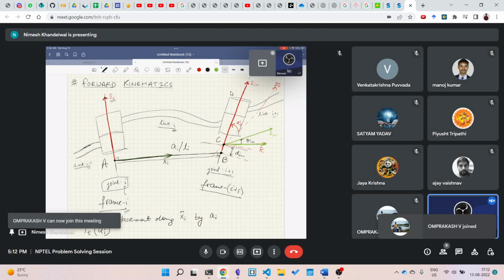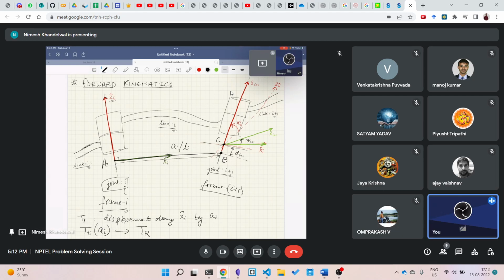So that second transformation is a rotation, and I should also specify the axis: translation by ai along xi, and then a rotation by angle alpha i about the same xi.